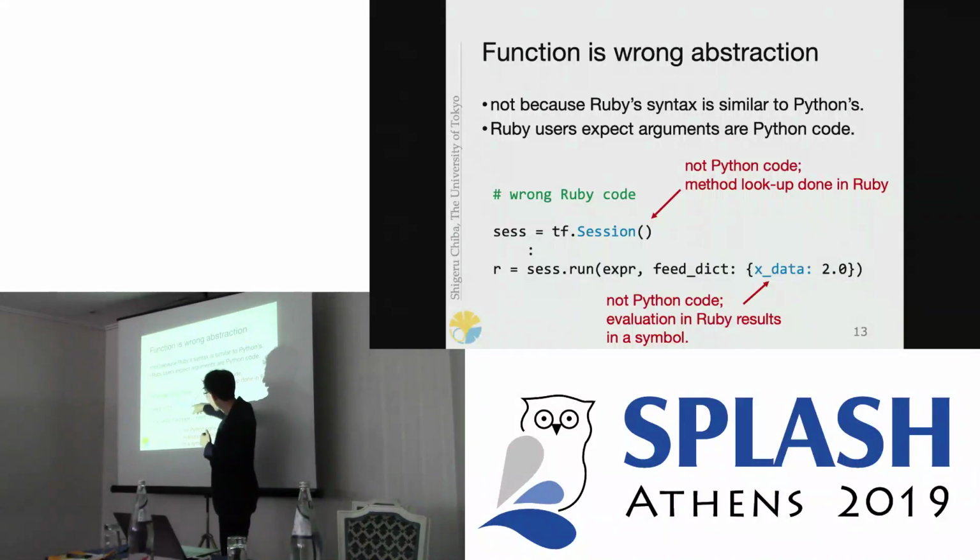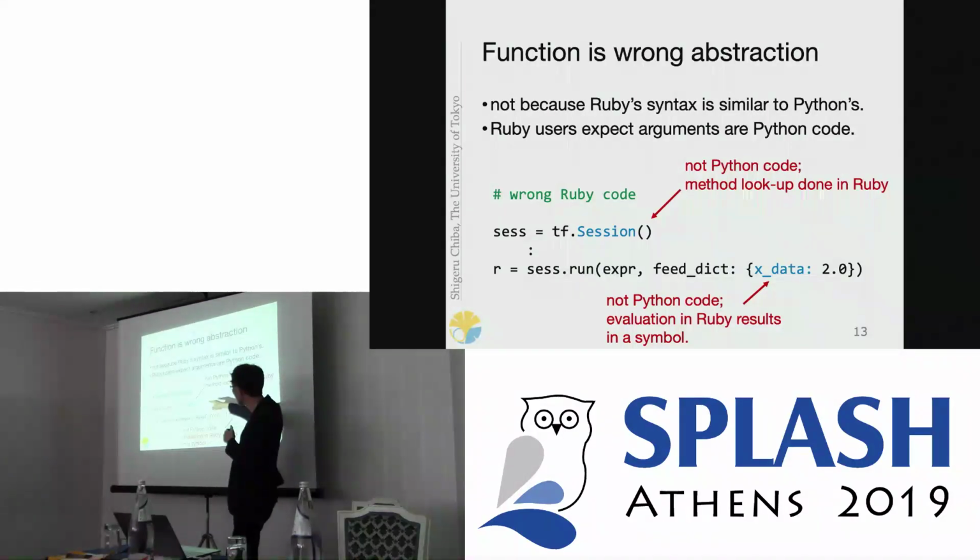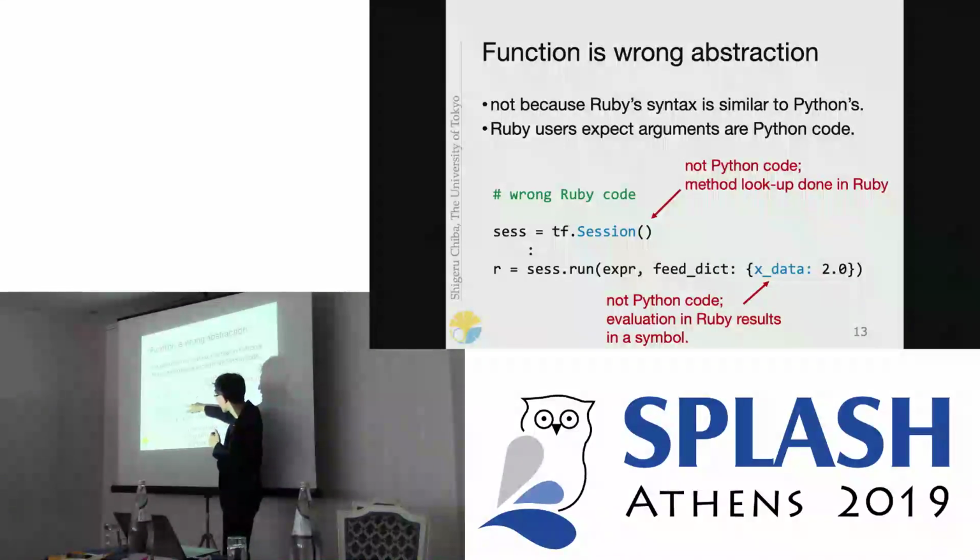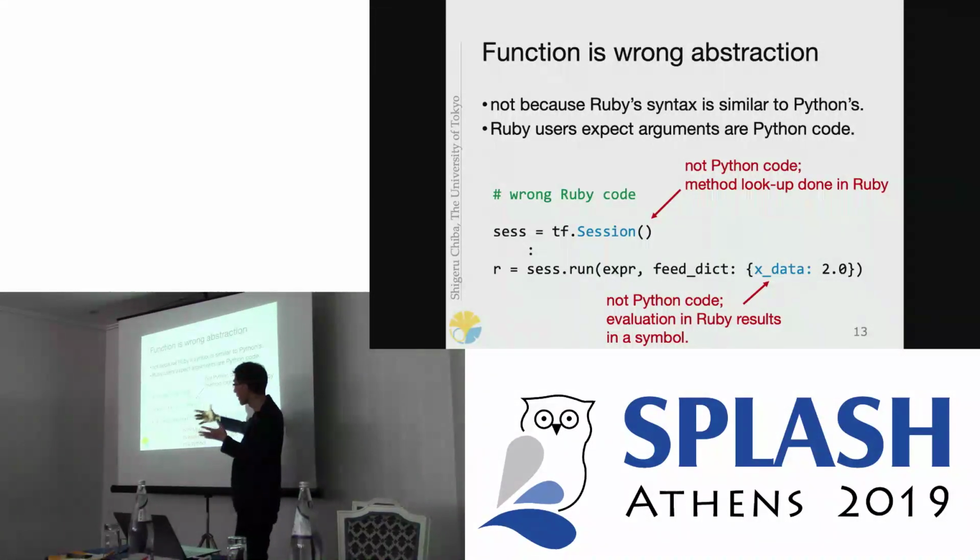This looks like a Python function call, but if you look carefully, first of all, we have to do a kind of method dispatch here. Which session, we have to resolve which session is. This resolution is done in Ruby, not in Python. So that's one of the sources of the problem, the pitfall.